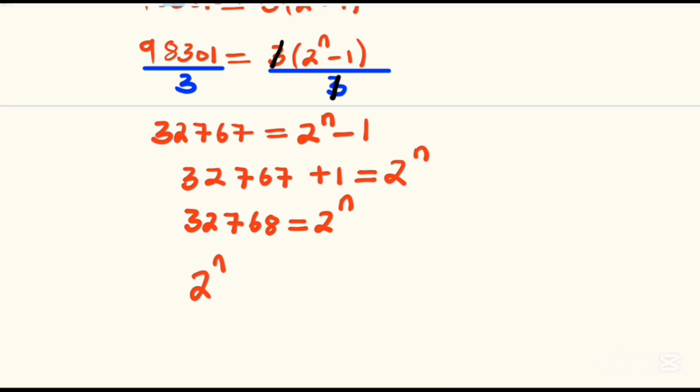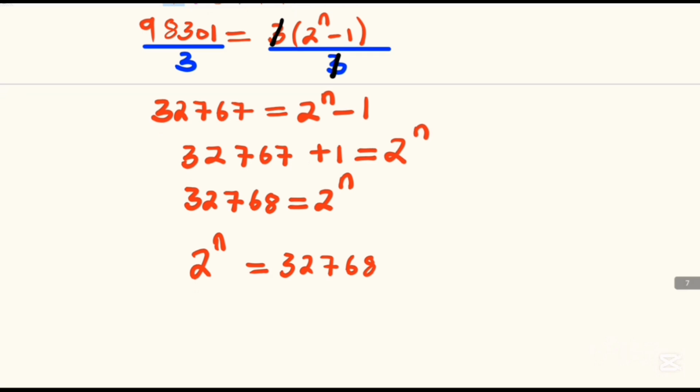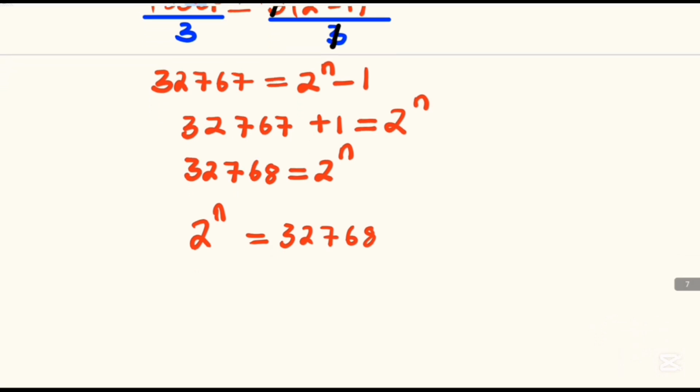So the 2 raised to the power n will be equals to 32,768.